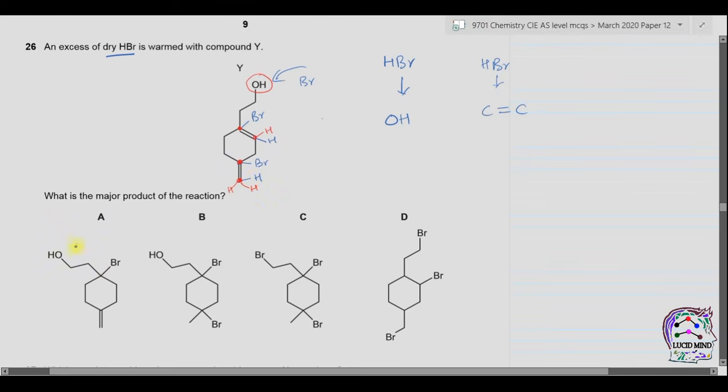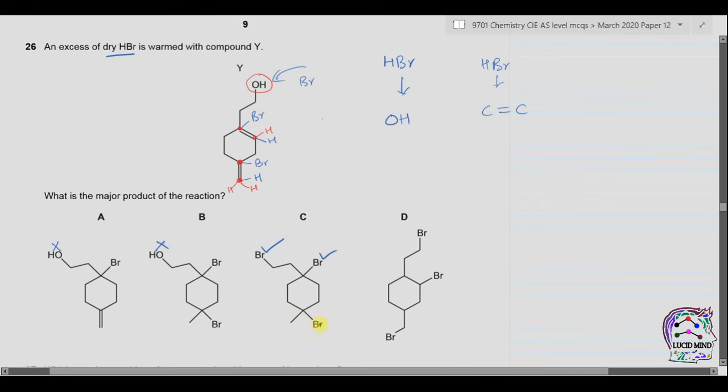Let's see which answer is correct. We have OH unchanged, so this is not the answer. We have OH unchanged, no. This one is replaced by bromine, so yes, this is good. This bromine is attached to this carbon atom, it is also correct.